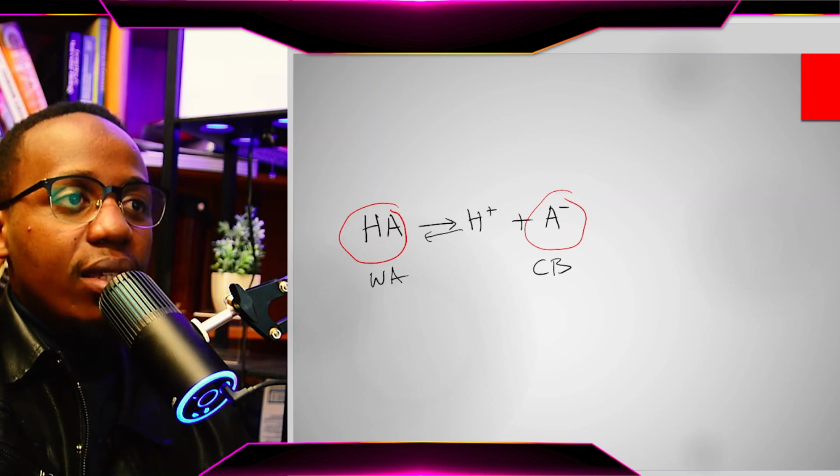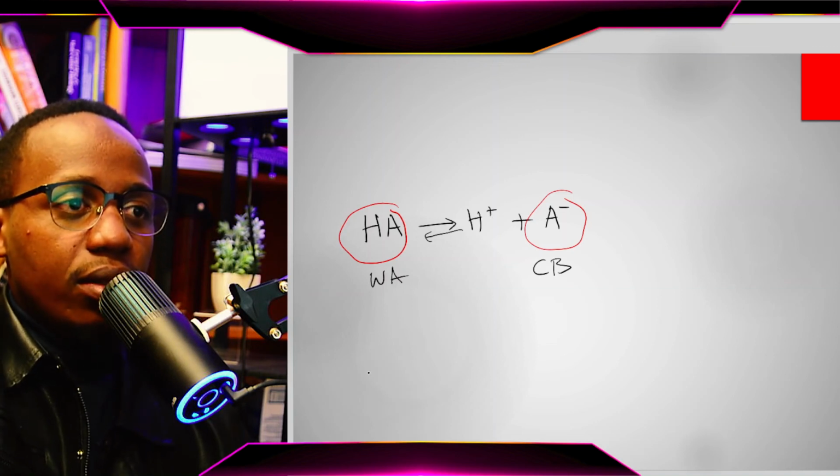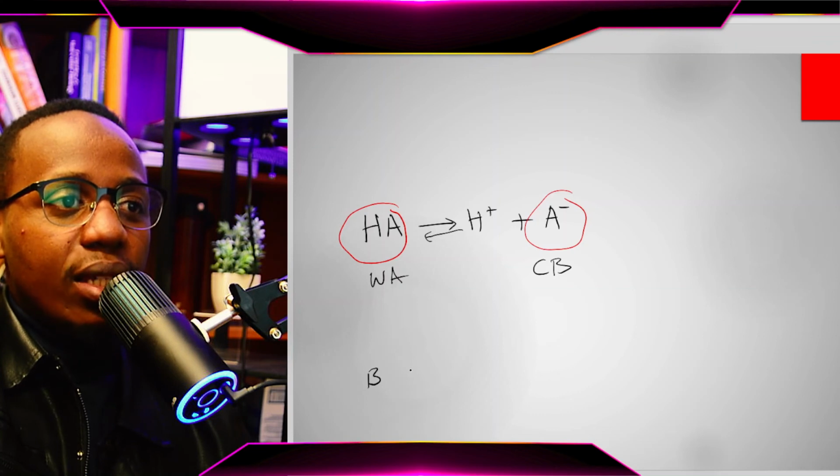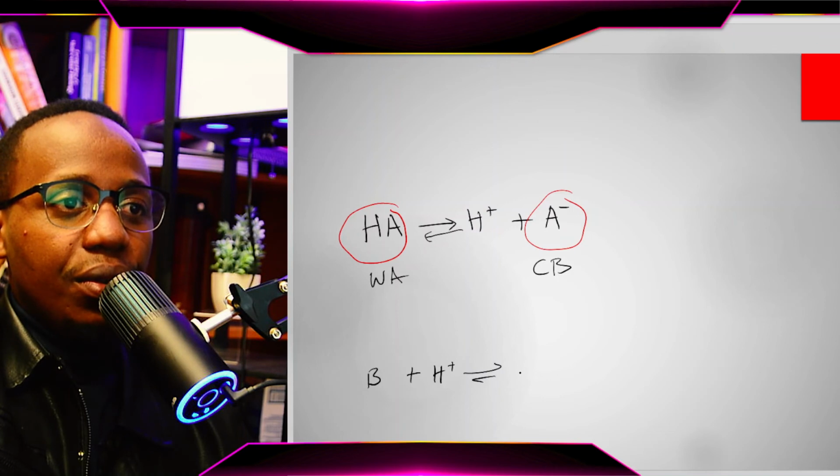If you have a base, we know that a base gains a hydrogen ion to give you BH+. This is a weak base, and it gives you a conjugate acid.